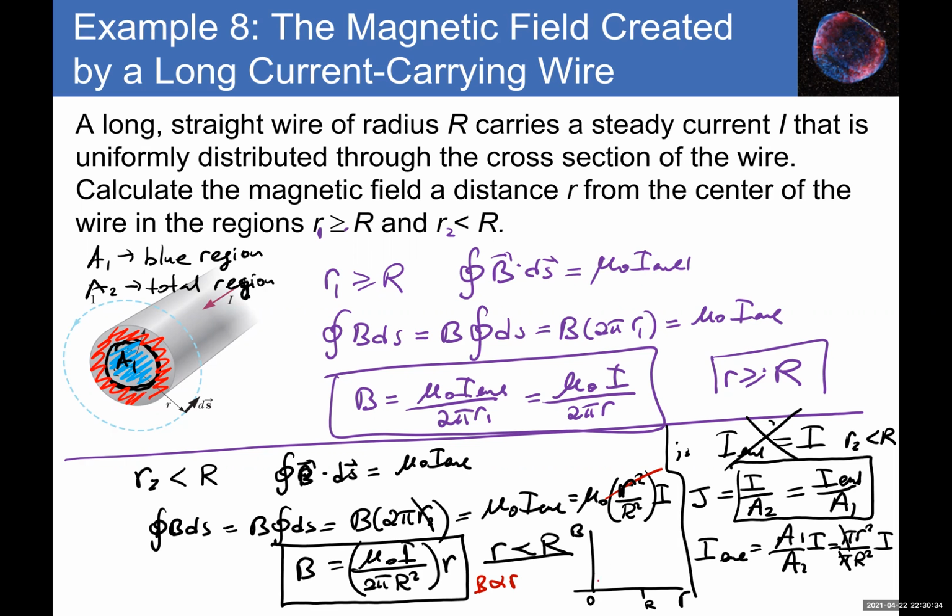As r changes, the magnetic field linearly increases until r is equal to the radius. Beyond that, outside of the conductor, B is proportional to 1 over r, so it's going to be sort of like a drop like this.